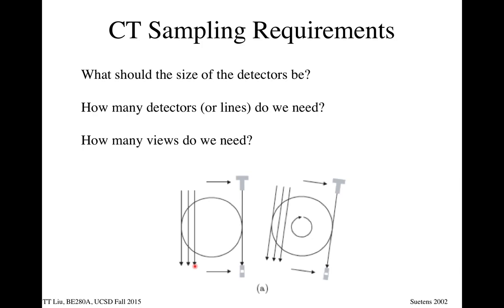Just to first order on a one-dimensional function. Now we saw in CT, because we're doing these polar projections, it doesn't actually work out that way when you're doing back projection imaging. But in a one-dimensional case, a wider rectangle function gives you a narrower bandwidth in Fourier space.